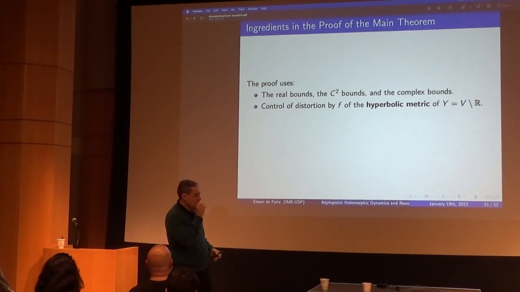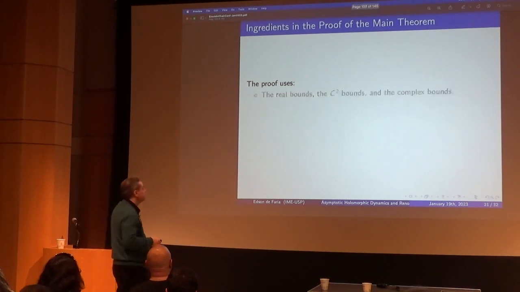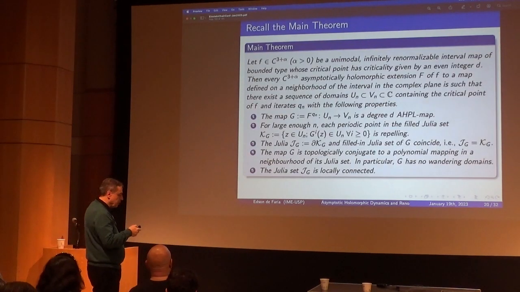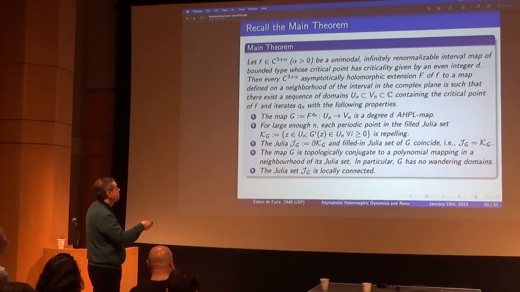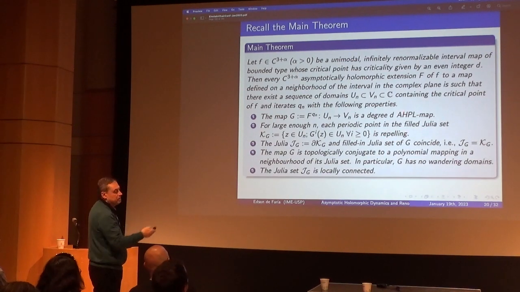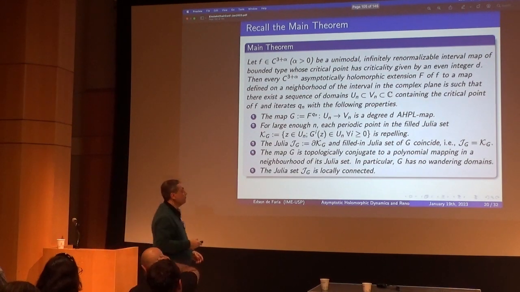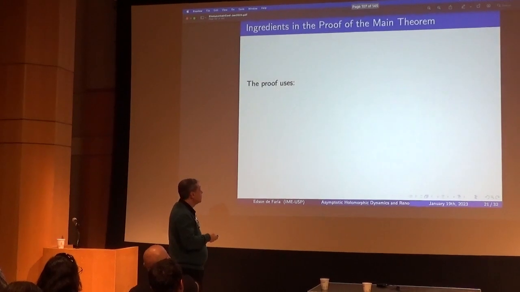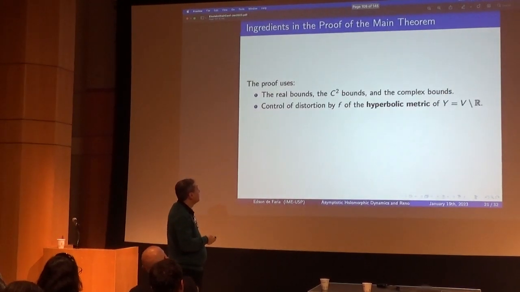So let me be very concrete here and worry only about this statement here, that for large n, each periodic point is repelling.